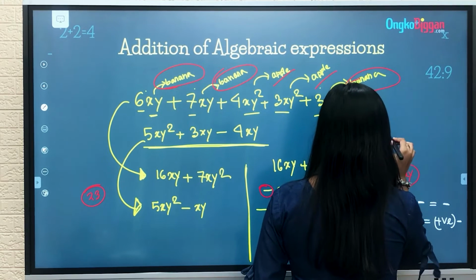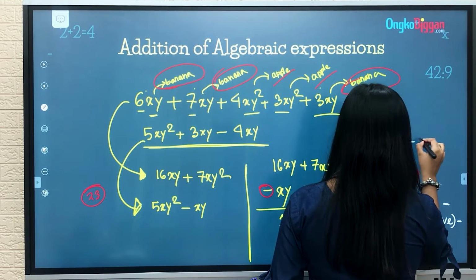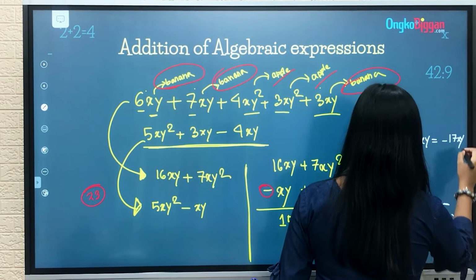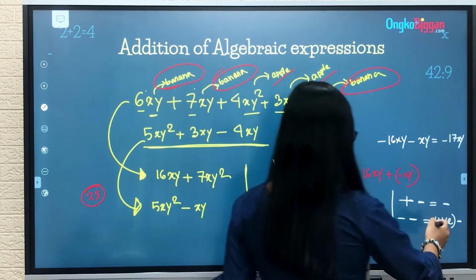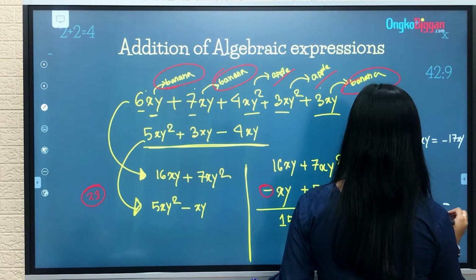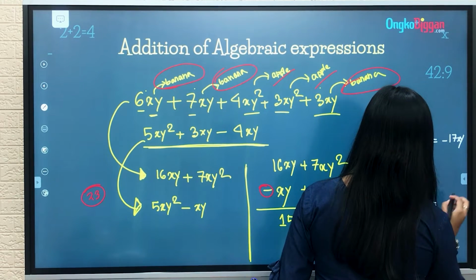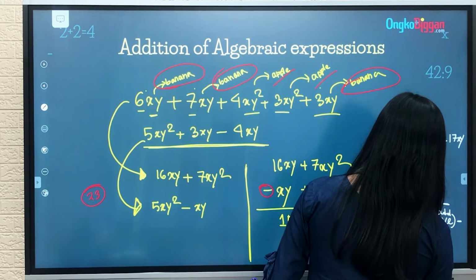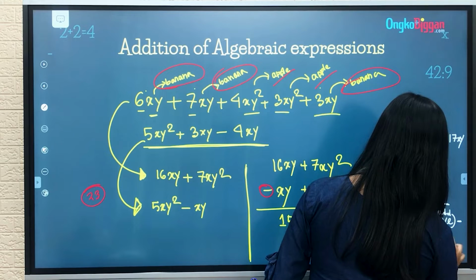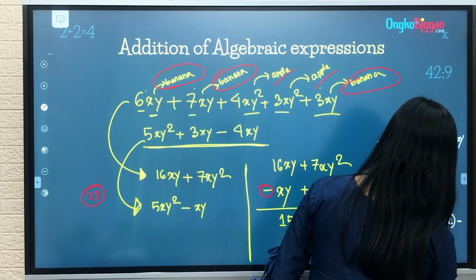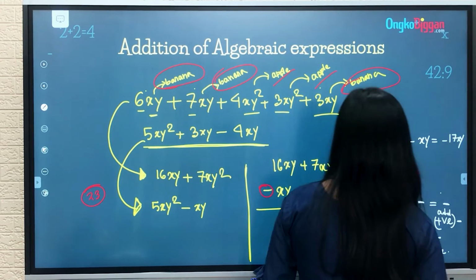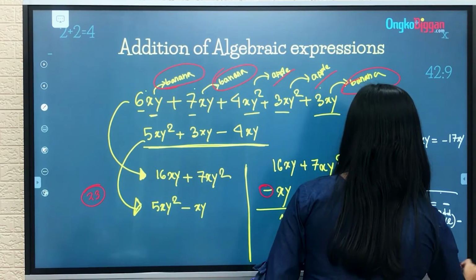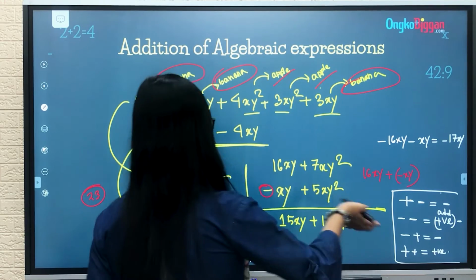Like if there were minus 16xy minus xy, it will be minus 17xy. So it will actually add. We have to subtract here, we have to add here. Again minus and plus, we will get a negative value, and plus obviously gives a positive value. That means we have to add. So these things need to be remembered. I hope you will get through these things.